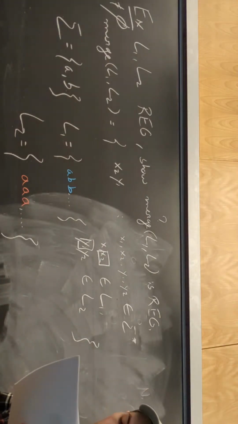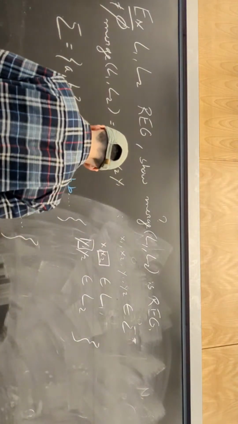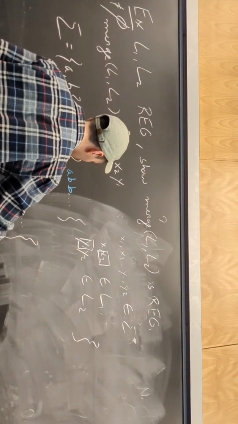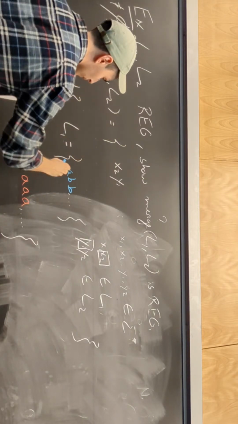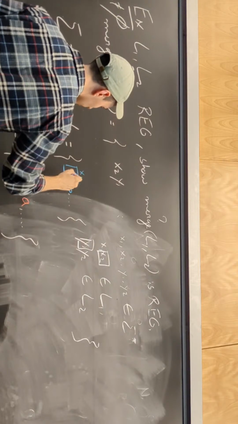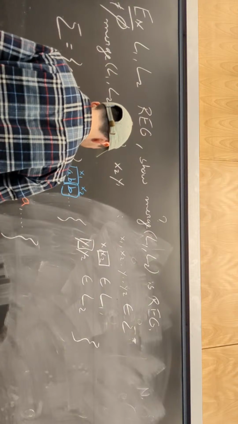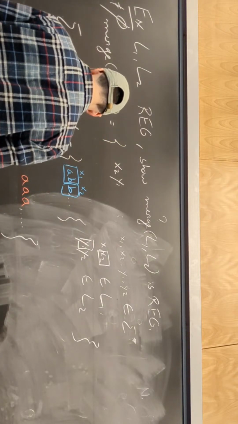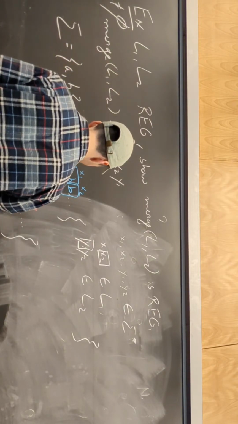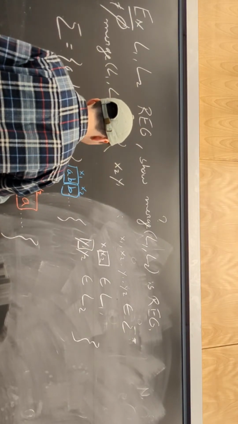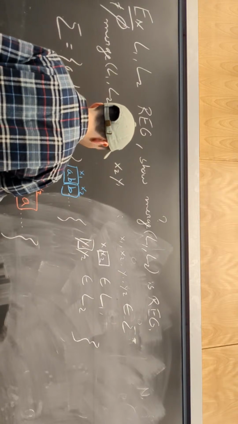But let's just consider one for illustration purposes. So let's imagine for L1, x1 was AB, and x2 was B. And for L2, y2 was AAA, and y1 was the empty string.